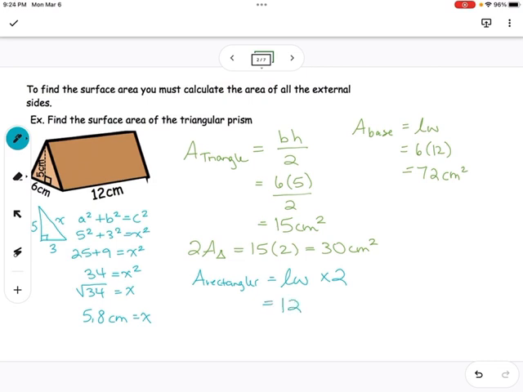So length of 12, width of 5.8, and times that by 2. 12 times 5.8 times 2 gives us 139.2 centimeters squared.